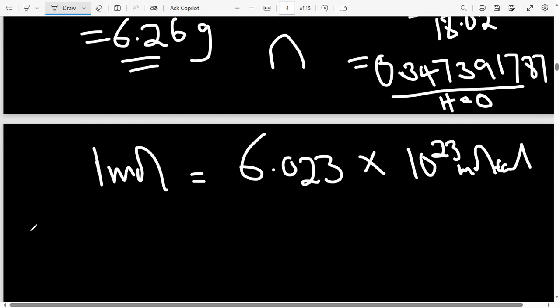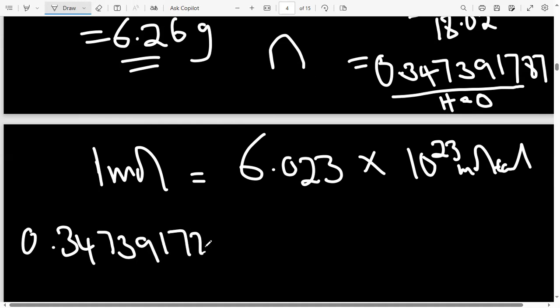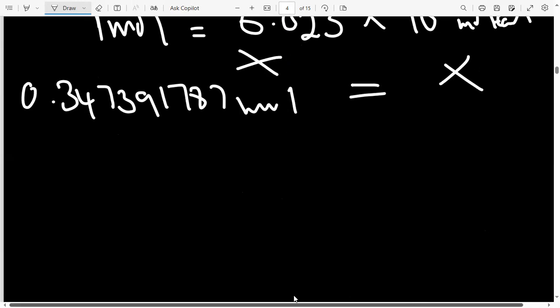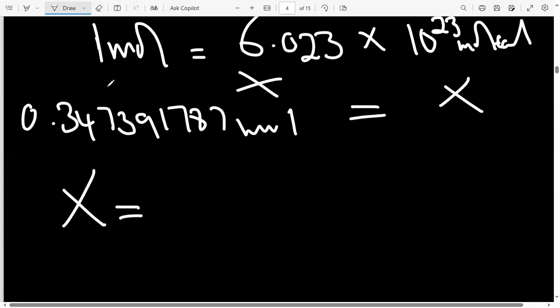So here now we have these moles here. So we are going to say, what about 0.34479178 moles? How many molecules of water are we going to have here? Okay, so you cross multiply, so it will just be x is equals to this number here multiplied by the Avogadro's constant. What are you going to get? Okay, so I punch this onto my calculator.